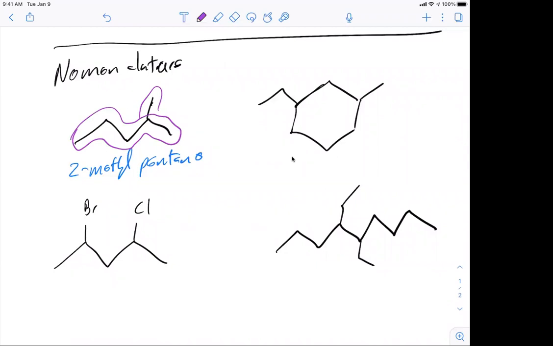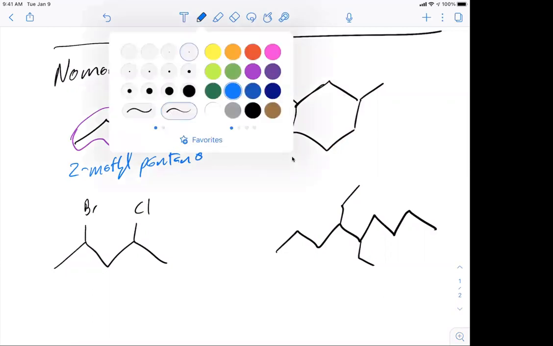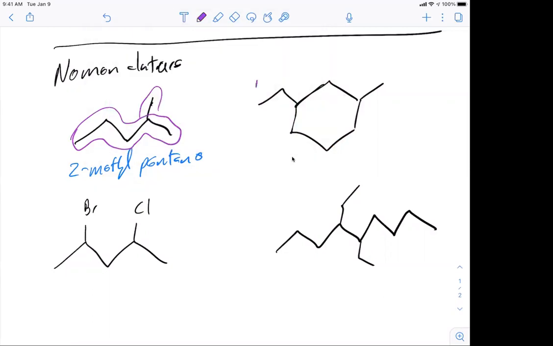On the next one, our longest chain here is actually the ring. So we have our 6-membered ring, that's going to be cyclohexane. Then I have a methyl and an ethyl. And if we number that, we could have 1, 2, 3, or we could have 1, 2, 3.